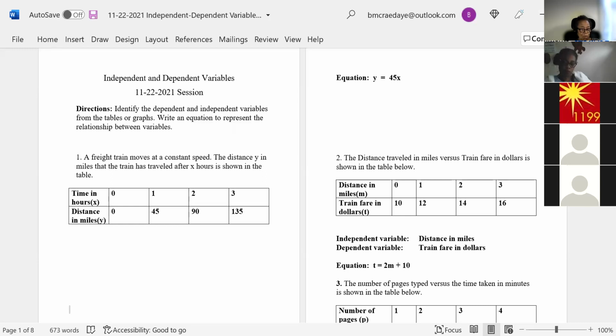The distance y in miles that the train has traveled after x hours is shown in the table. The time in hours is x. The distance in miles is y. I want you to identify the dependent and independent variables and then write an equation to represent the relationship between the variables. So first, let's do our independent and dependent variables.